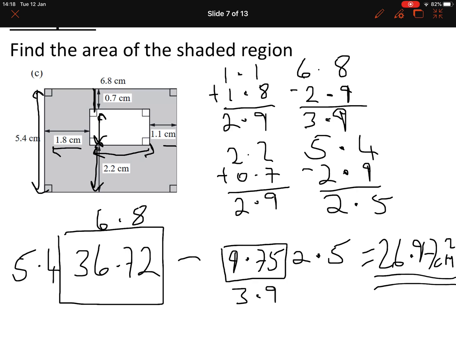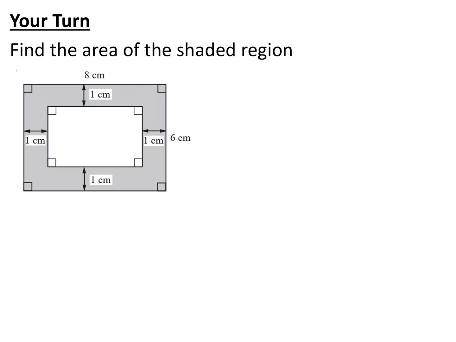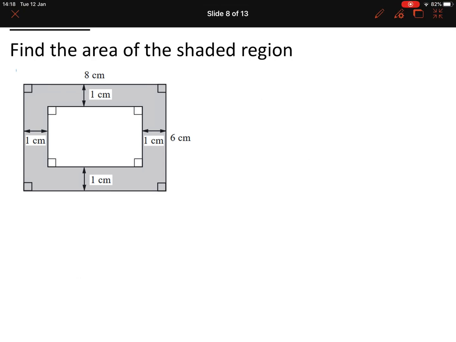So I'm going to give you a question to try, but rather than just letting you get on with it, I'll start you off and let you complete it yourself, because it was a more difficult example. This one is fairly easy. To find the area of this shape, you would subtract the little rectangle from your big rectangle.